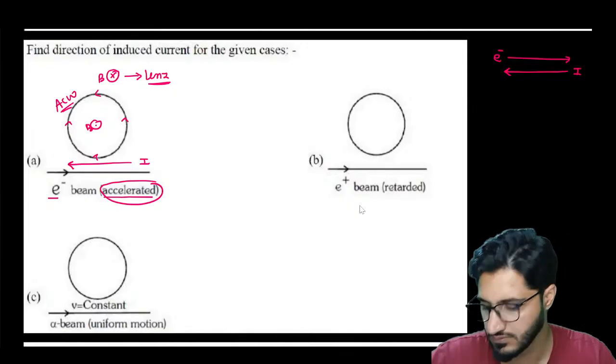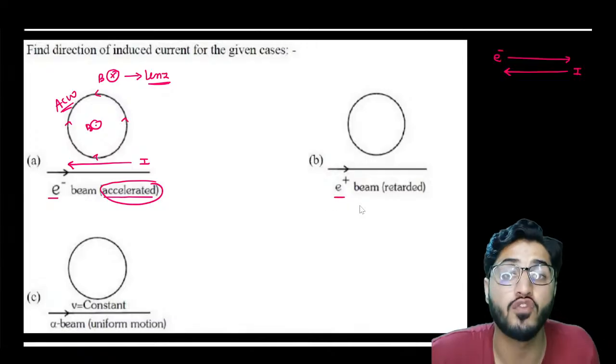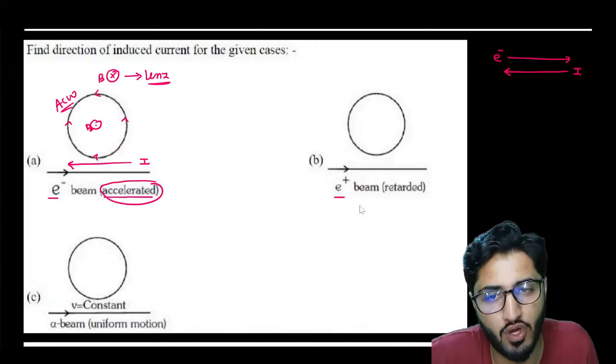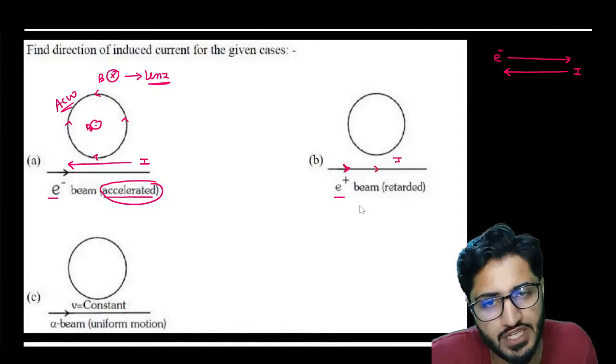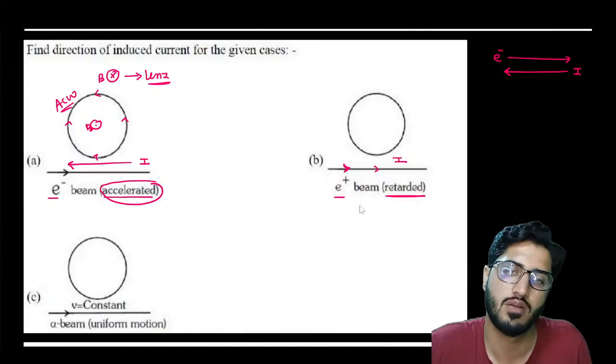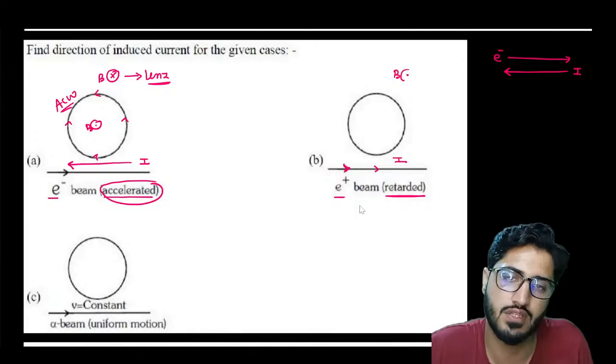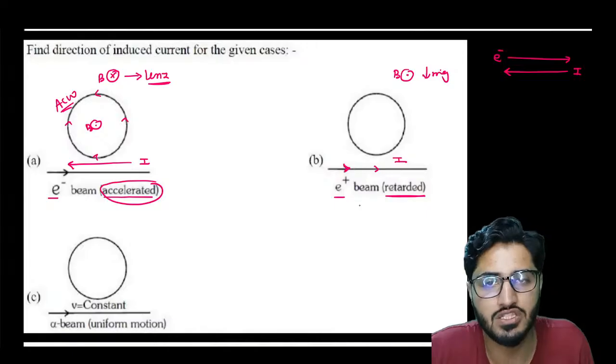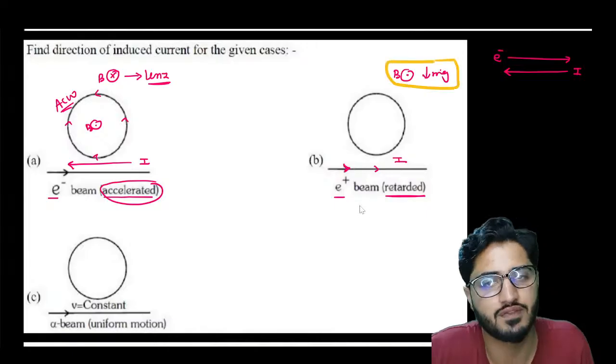Okay, now electron positive, positron. It is going in this way. Positive is going in this way, so the current will go also in this direction. It is retarded. Retarded means decreasing. So you can see now, B is outwards, but it is decreasing. Lenz's law tries to increase it.